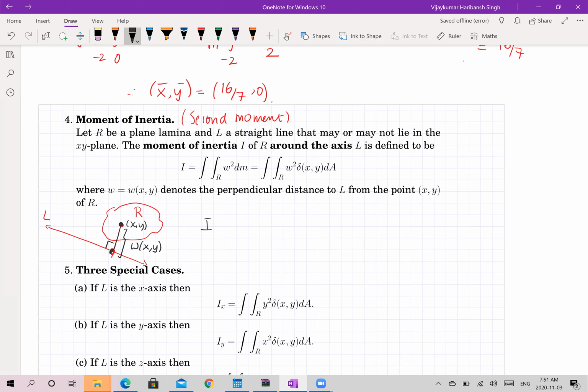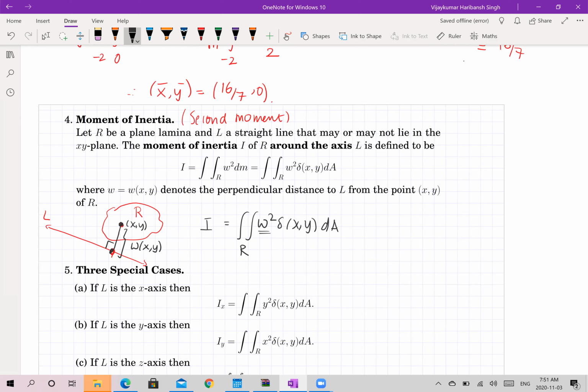And the second moment is basically given by, again, density as it is, you multiply by w square over region R. So there's a variable density and a variable distance w at each point. So you have the distance squared from the axis to the point times the density times dA, and you compute the integral of this.